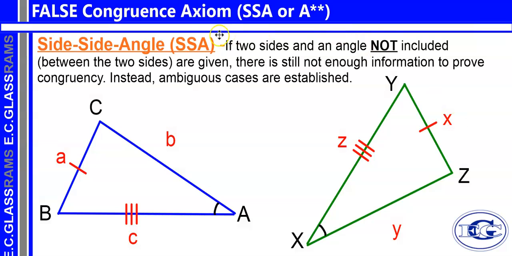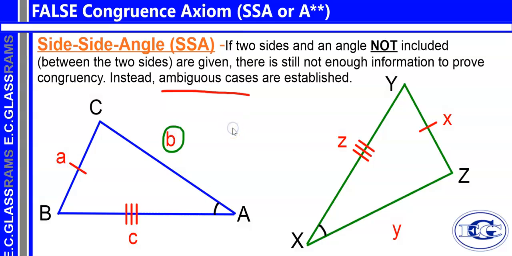It's just this one's very unique because it produces ambiguous cases. How are those ambiguous cases made? Well, it's from that one side that you don't have. This one particular side that you're not given has a lot more flexibility of what it could be. Therefore, it creates these cases within itself that will be presented in a separate video when it comes to solving this particular axiom.